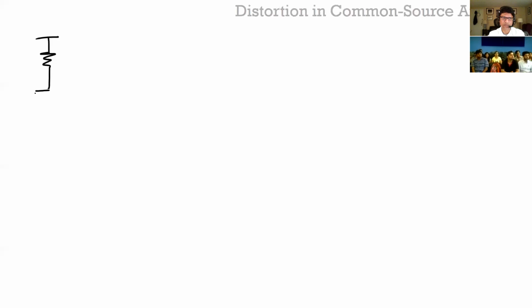So let's say you had a common source amplifier, which I think by now everyone is familiar with. Here is the small signal VI, and this is some bias voltage VB to set your DC bias.